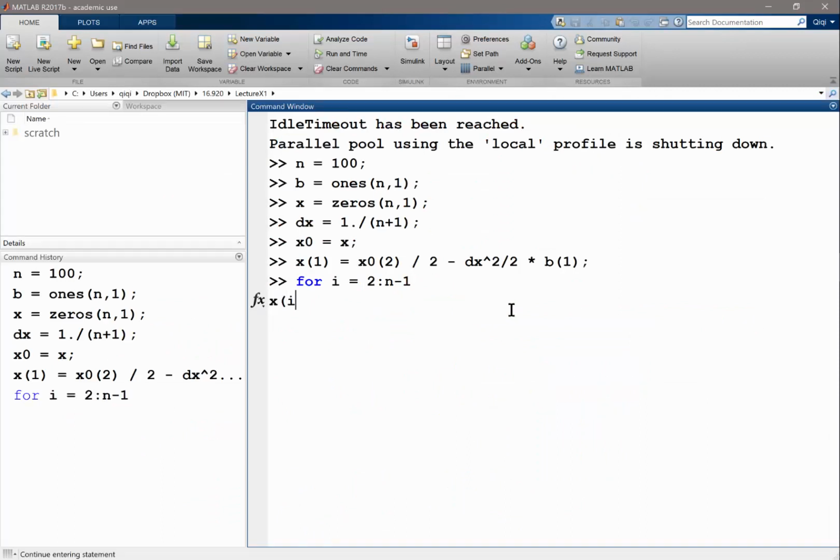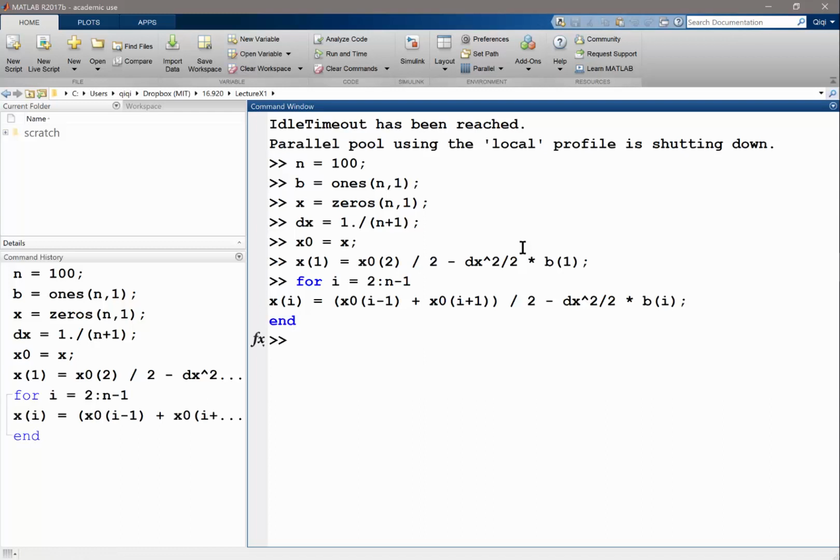I'm going to say my xi is equal to x0 of i minus 1 plus x0 of i plus 1 divided by 2 minus dx squared over 2 times bi. That completes the iteration for all the interior points. And my xn also has a special formula: x0 of n minus 1, I only have the left neighbor as opposed to the right neighbor, minus dx squared over 2 times bn. That completes one iteration.